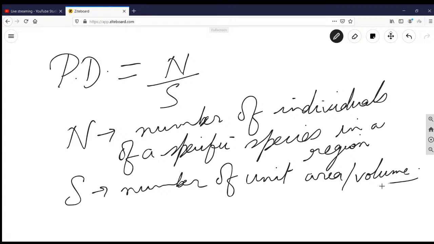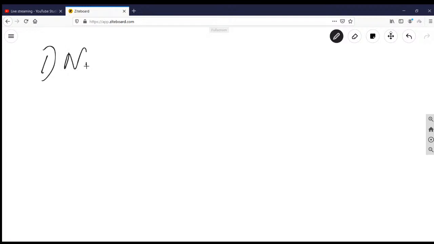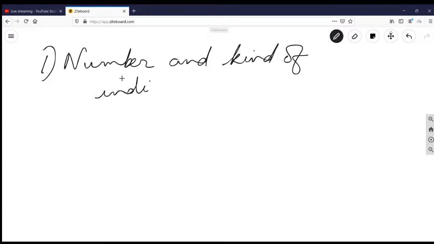Okay. Now population of an area is described on the criteria of three types of parameters on which you can base your population present in a specific area. So number and kind of individuals in a species, that is number one.